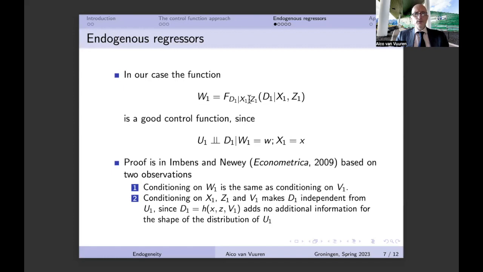And we should realize that the ranking should actually be exactly the same with respect to W1 as what we have with respect to V1.